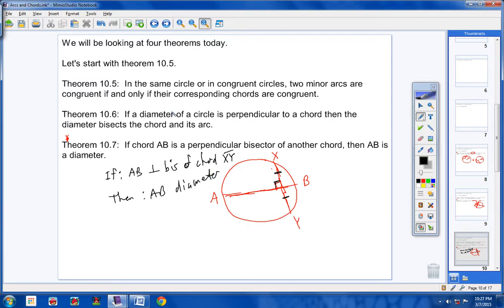Got it? So up here, if we have a diameter that is perpendicular to a chord, then it bisects the chord and its arc, okay? Here, if a chord is a perpendicular bisector, then AB is a diameter, alright? Okay, let's go ahead and continue on here. Just a second, give you guys a couple extra seconds to copy this down, and then we'll go on to the next theorem.